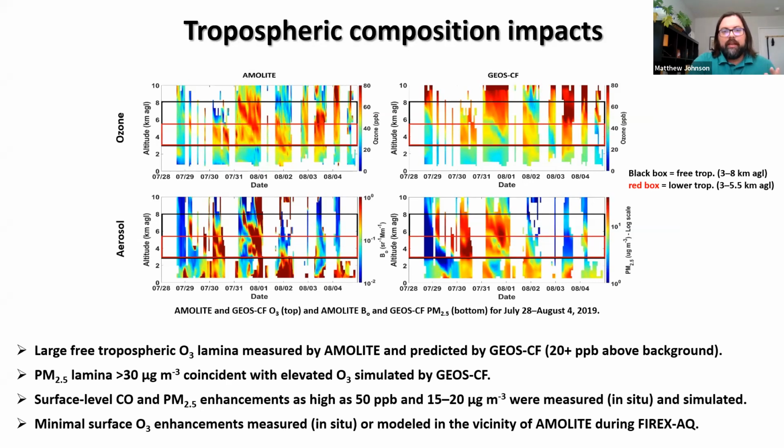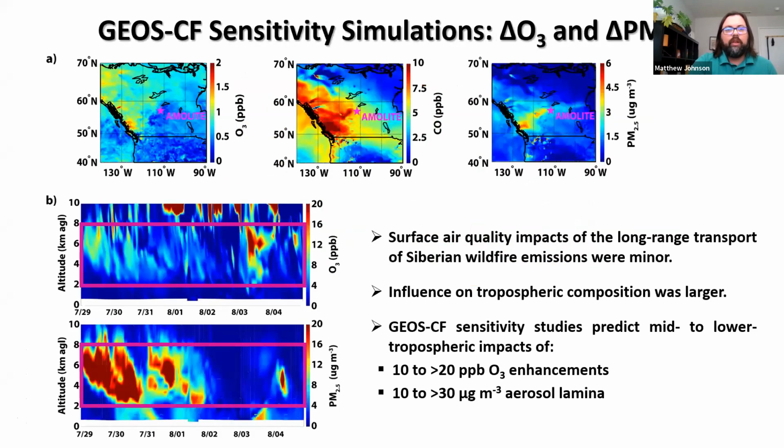And what we wanted to do is take these same types of plots, but have a more quantitative measure of the tropospheric composition and air quality impacts of these wildfire emissions in Canada.